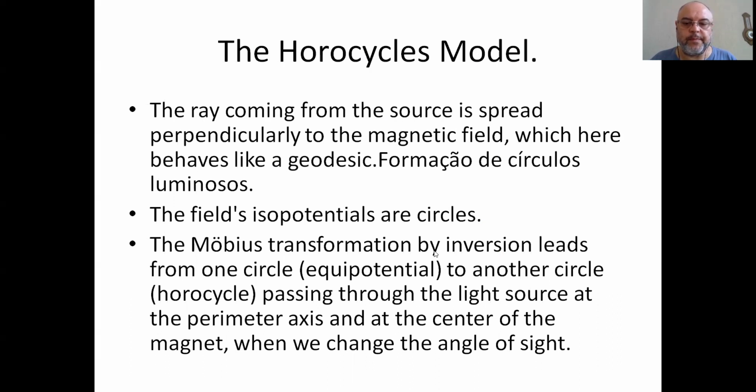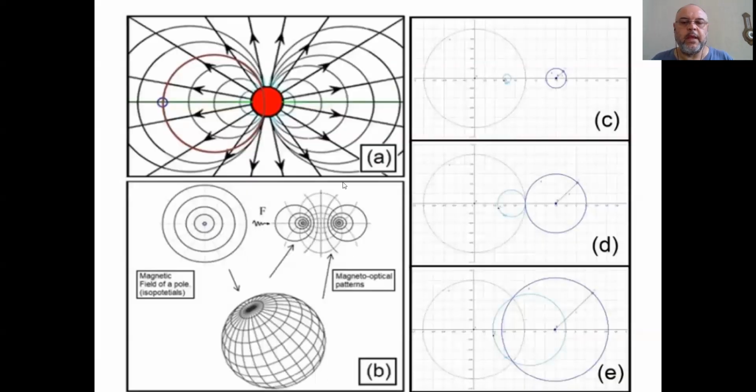We consider the Möbius transformation by inversion that leads from one circle, equipotential, isopotential, to another circle, horocycle, passing through the light source at the perimeter axis and the center of the magnet when we change the angle of sight.